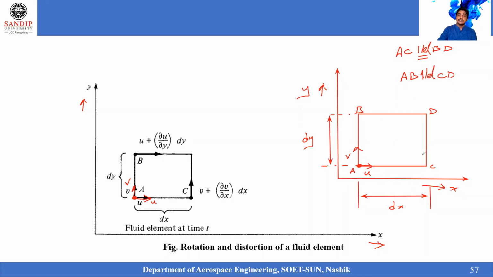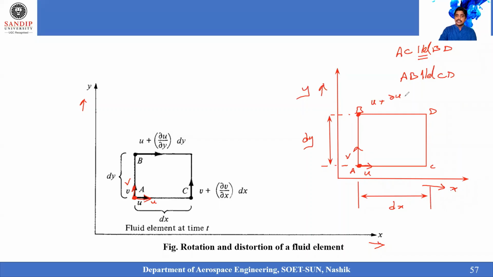So these two axes are parallel to each other. Now when I'm talking about the velocity available at point A and moving on to point B, there may be some velocity gain or velocity change happening in that fluid flow.